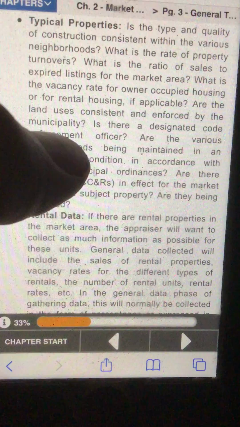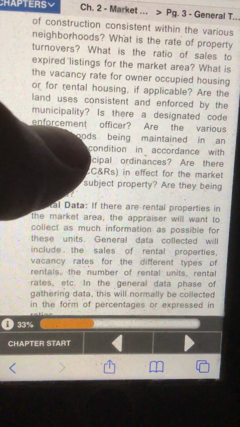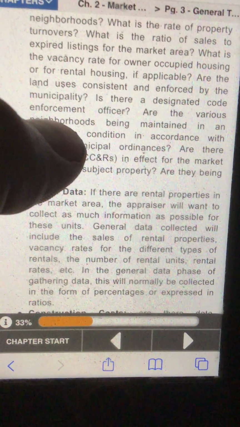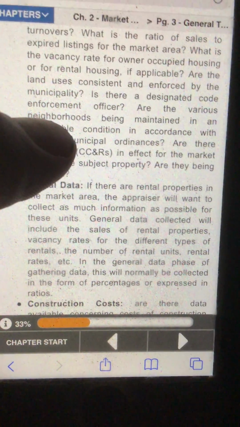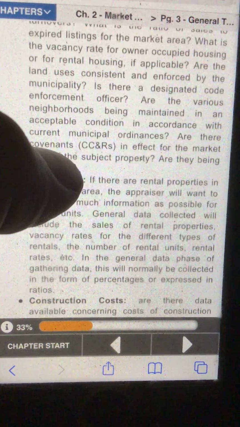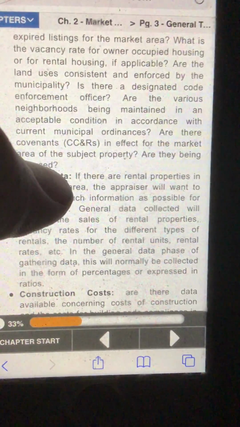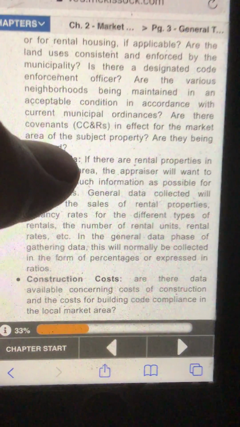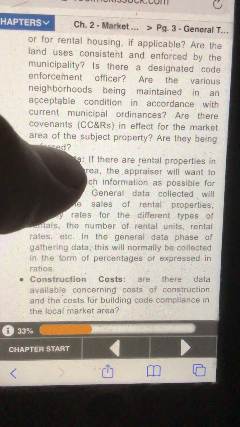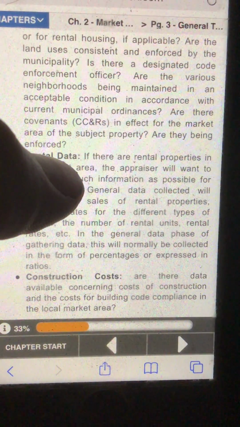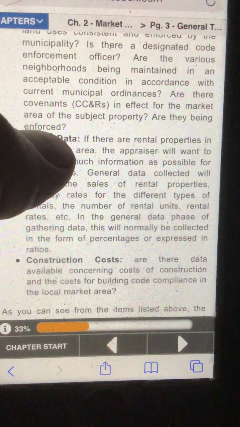Typical properties. Is the type and quality of construction consistent with the various neighborhoods? What is the rate of property turnovers? What is the ratio of sales to expired listings for the market area? What is the vacancy rate for owner-occupied housing or for rental housing, if applicable? Are the land uses consistent and enforced by the municipality?